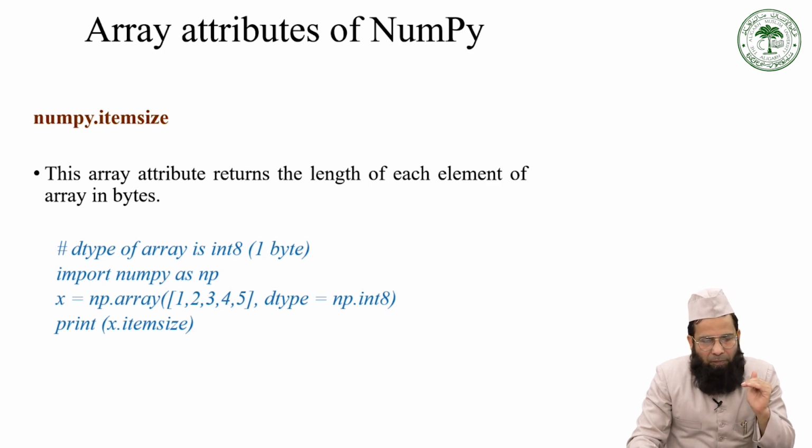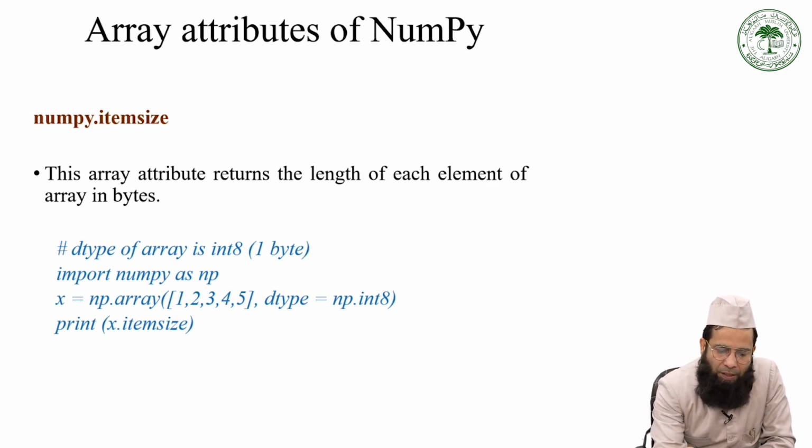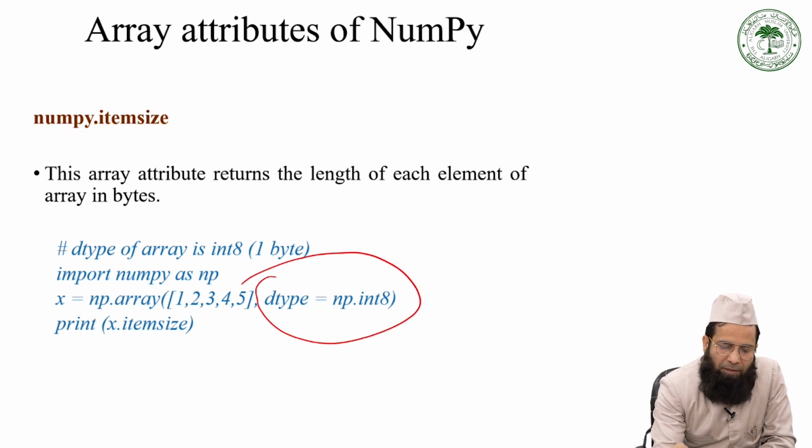Like in this case, NumPy itemsize, there are certain examples here. I am using data type as integer. It actually allows different types of data types, like np.int16, np.float32, and so on.